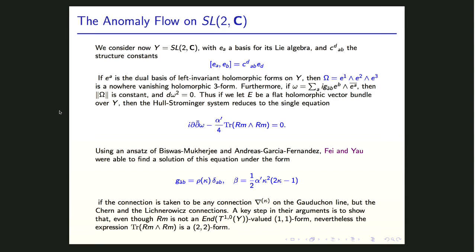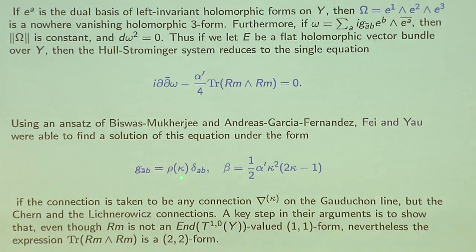And so this is the one that Fei and Yau solved, and they found a solution of this kind, right? Where, I forget, this is beta. I'm sorry, this is in a row. So the solution is proportional to the identity in this standard basis, and times a coefficient that you see depends on the parameter alpha prime as well as on this parameter kappa that is along the Gauduchon line.